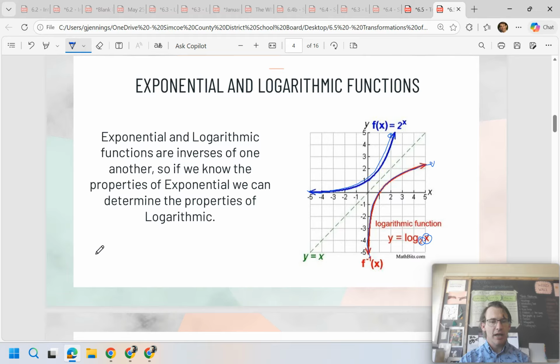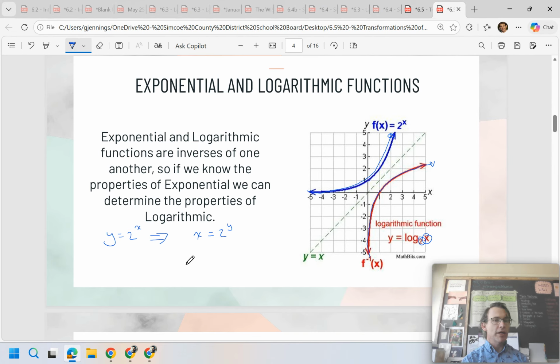So why is that? Well, one of the ways that you'll often turn a function into its inverse is you just swap the position of x and y. So if I have x equals 2 to the y, how would I isolate y in that equation? Someone tell me. I could write it in logarithmic form. Yeah, we could log both sides and do a change of base, and then use the power law.